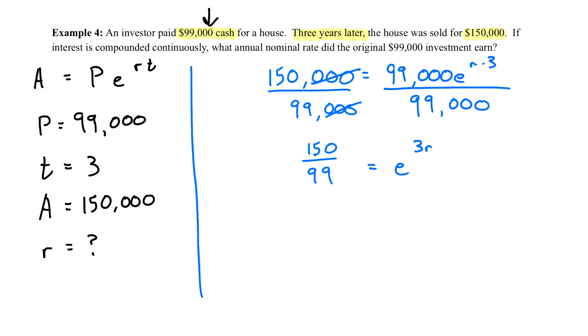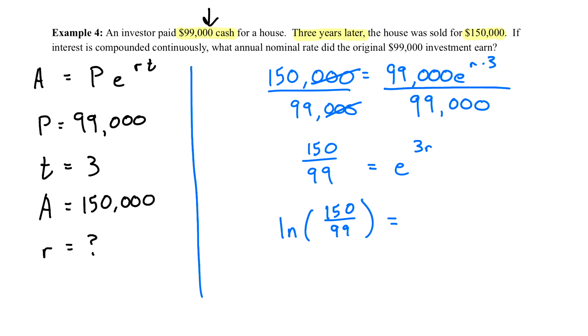Now I can take the natural log of each side. So if I take the natural log of the left-hand side, I've got natural log of 150 over 99. If I take the natural log of this right-hand side here, well, remember natural log and e are sort of inverses.